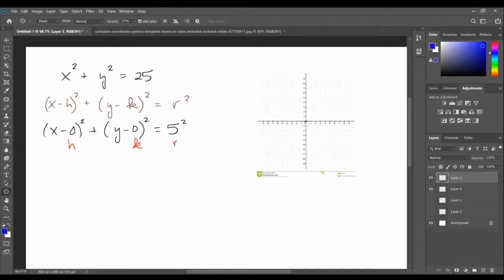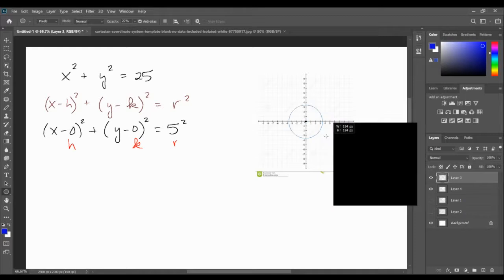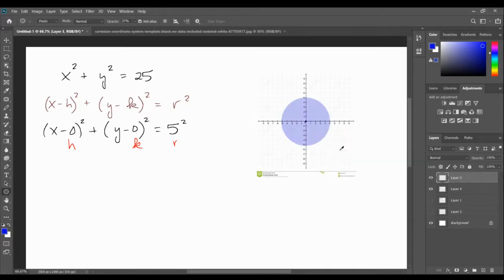So start there and drag out until I have a radius of 5. And there's the circle that matches the x squared plus y squared equals 25. So once again, key is recognizing our standard equation for a circle.